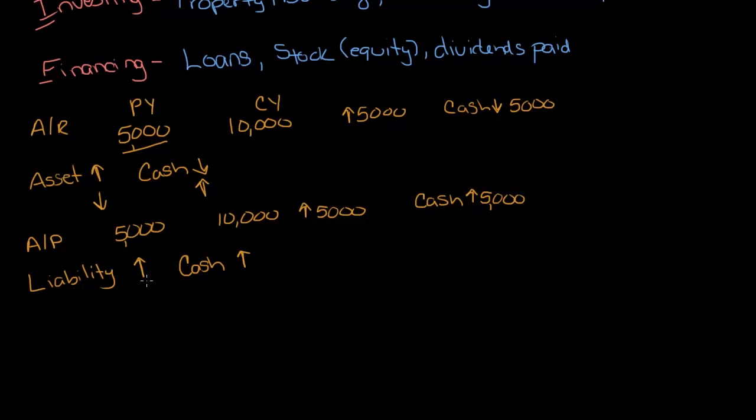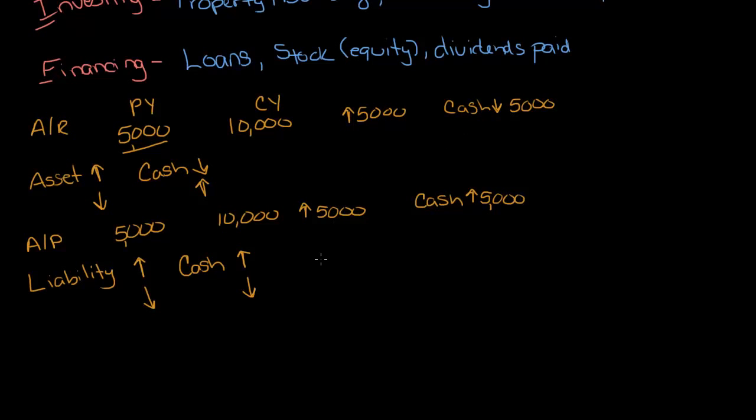Okay, so when a liability increases, your cash increases. When a liability decreases, your cash also decreases. Okay, so when you're doing a cash flow statement, you need to look at the changes in the balances, what's happening, and then how does that change affect your cash?